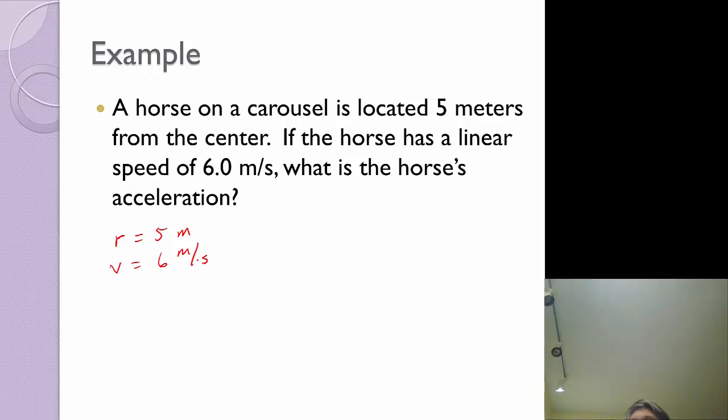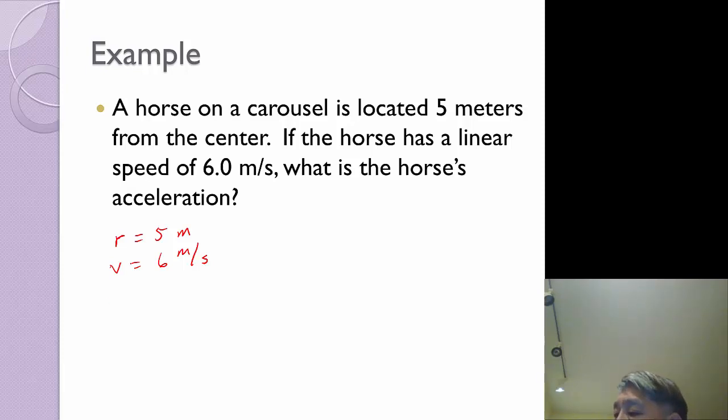If you're wondering why I have the term linear speed, linear speed is differentiated from angular speed or angular velocity. Angular speed is how quickly it is going around the circle, kind of, and it's irrespective of the distance. So it doesn't matter what the radius of your circle is. You're going to cover so many degrees per second, or so many radians per second.